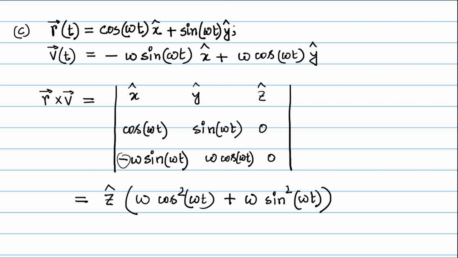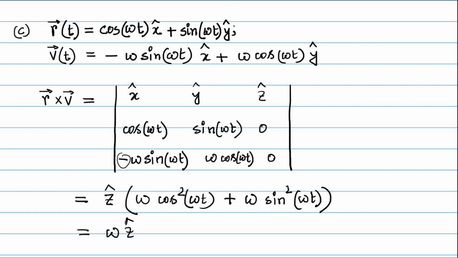Because the rule dictates a minus sign, and you have an extra minus sign here. So you can just take out omega and then z hat. If you factor out omega, you simply get cosine squared plus sine squared, which is simply 1. So this is what we have left.